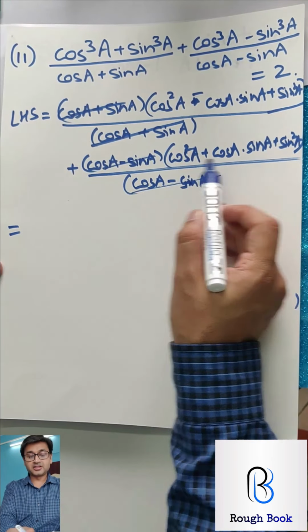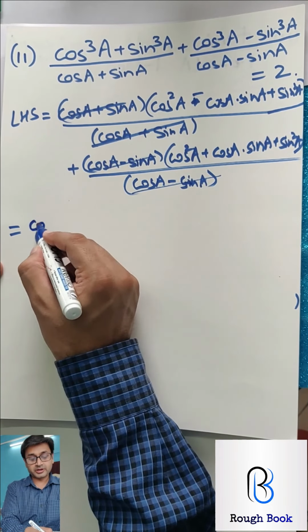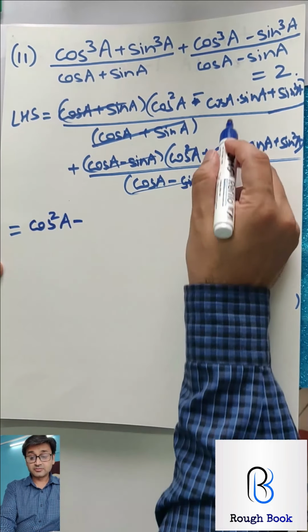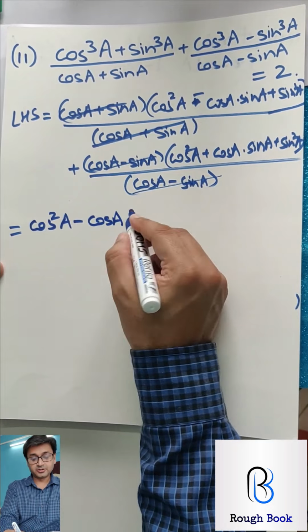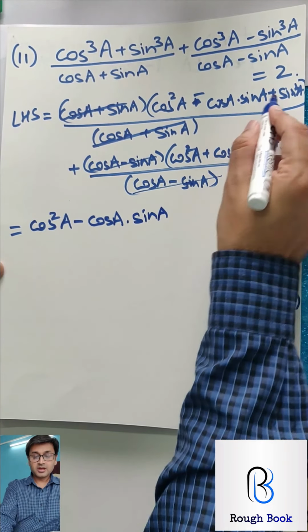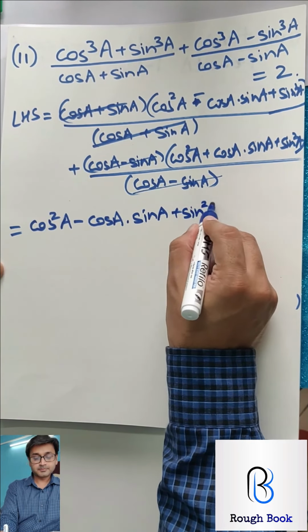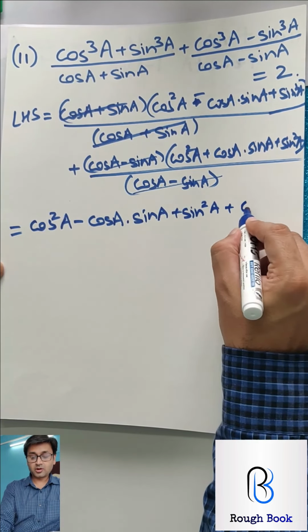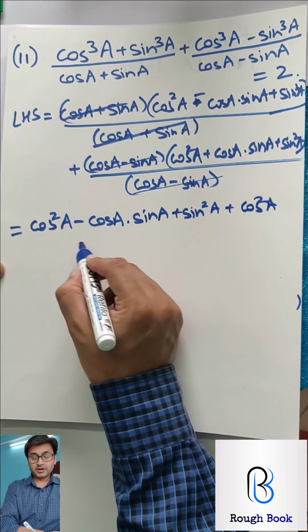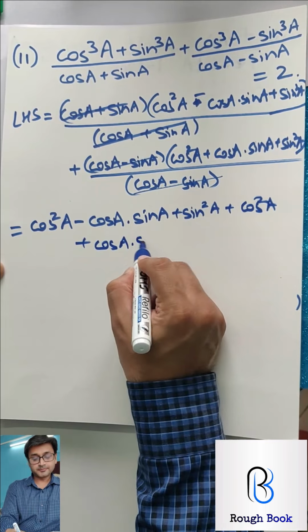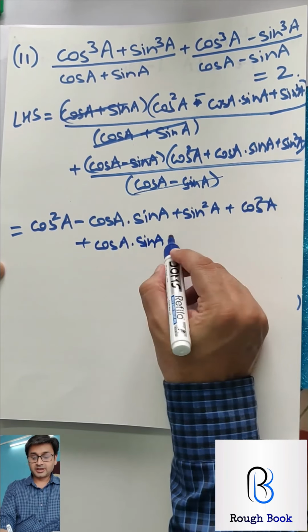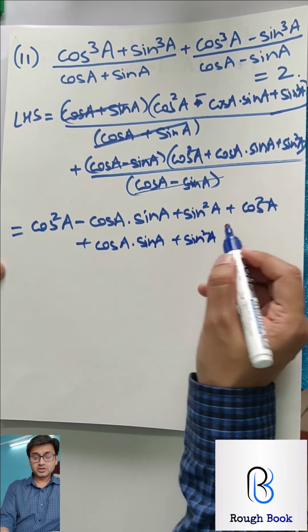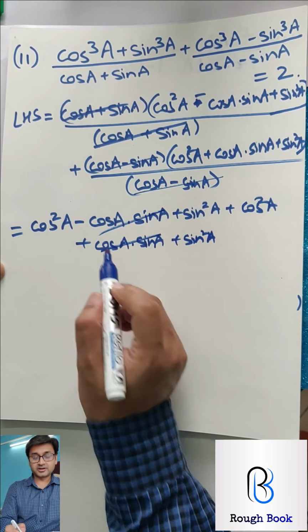Now open the brackets for this plus sign. So cos square, some magic might happen, minus cos a into sin a plus sin square, plus cos square plus cos a into sin a and plus sin square. So what happens is this gets cancelled straight away.